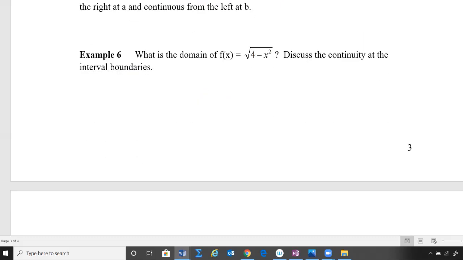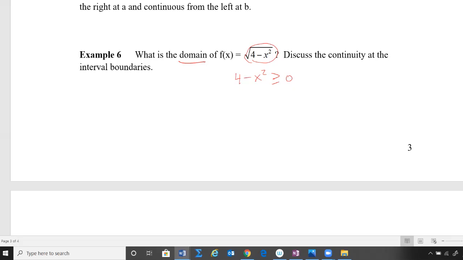Okay, here's another question about domain. This is just maybe a little review of your college algebra topics, but the domain is any value of x that generates a meaningful number for our expression. And you can see that's only going to happen if this thing is greater than or equal to 0.